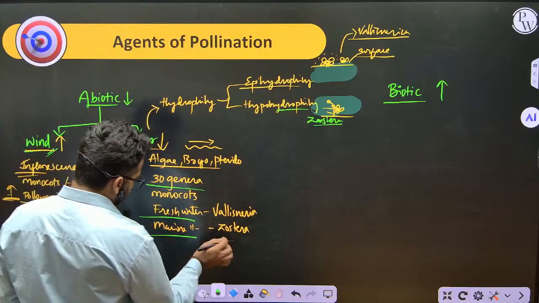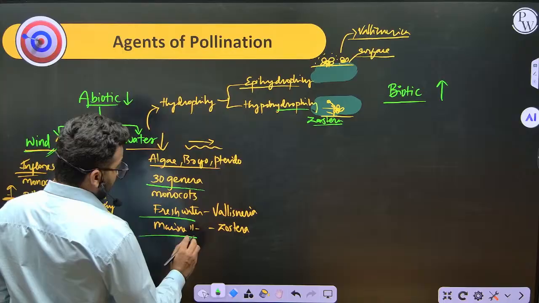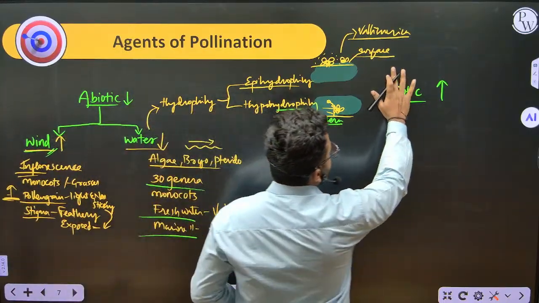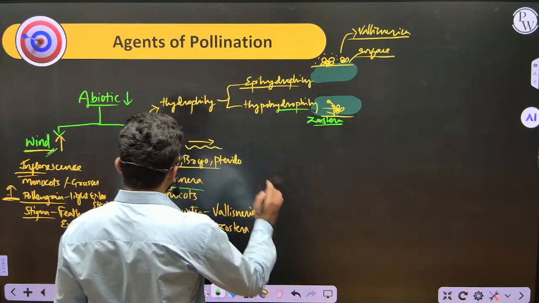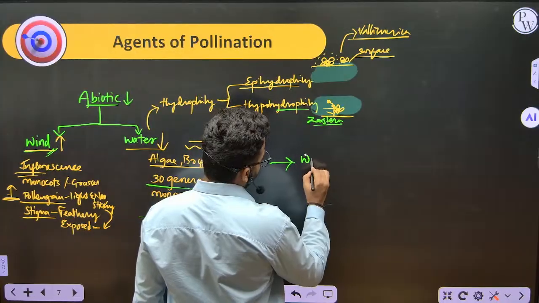So, freshwater and marine water. And coming to the features, how the water pollinated plants are, I will write in the next slide.